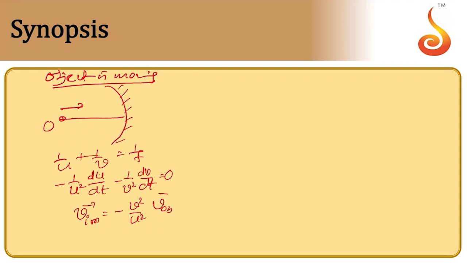This can also be written like this: minus M squared times the velocity of the object. So, this is the velocity of the image with respect to the mirror, and this is the velocity of the object with respect to the mirror. That is dU by dt, and the left hand side is dV by dt.